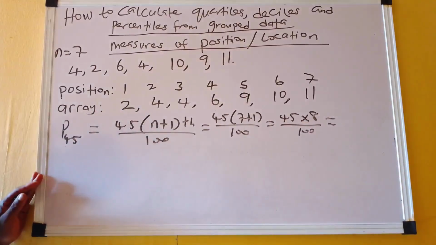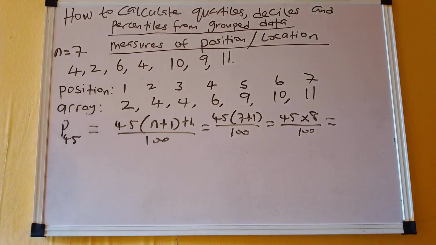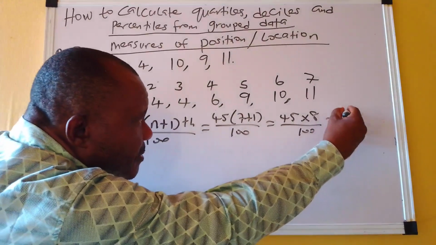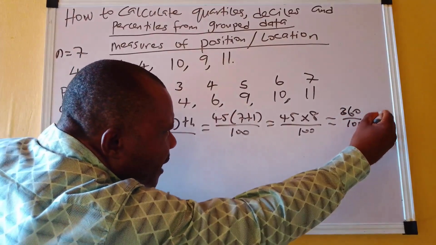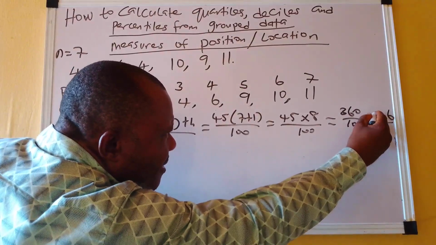When you multiply 45 by 8, you will get 360. 360 all over 100 is equal to 3.6.